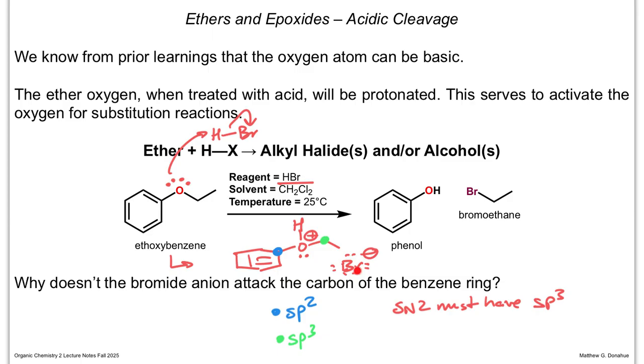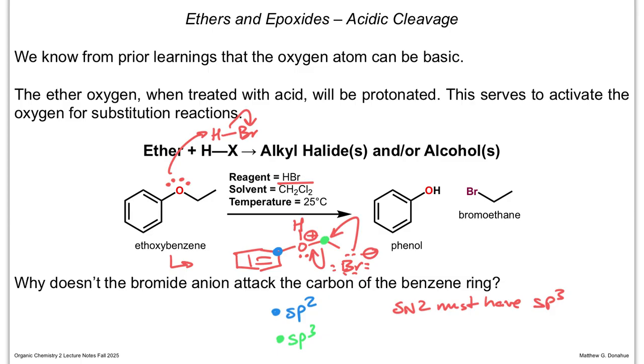So in the choice of where that attacks, it has to be the green one, because that blue one is not a good electrophile to break that CO bond. And when that happens, we end up with phenol as the alcohol and bromoethane as the second product there.